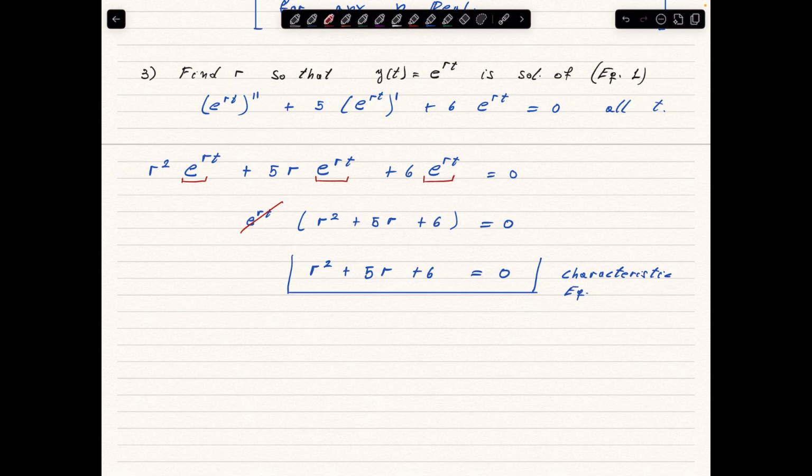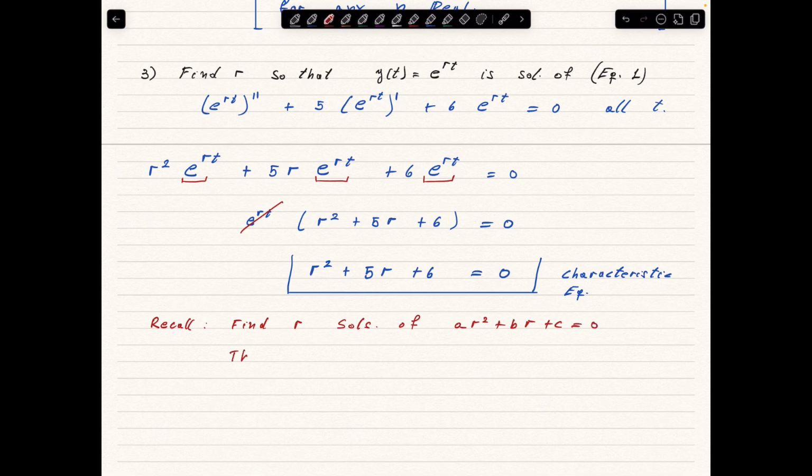Recall that whenever you have, let's put it in a different color. Recall, suppose we have to find the values of r, solutions of an equation, a general equation of the form a r squared plus b r plus c equals 0.